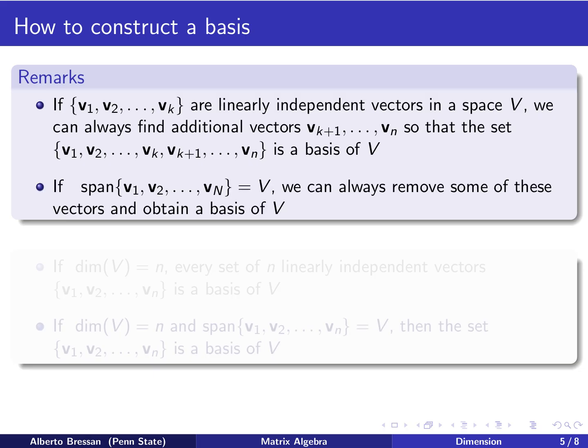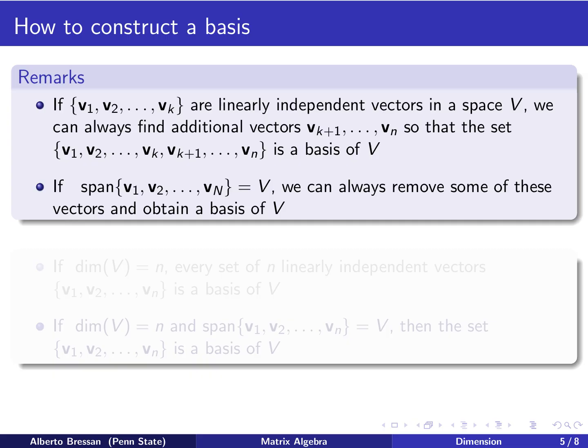Second, if I have a set of vectors V1, V2 to V capital N, and if I look at the span of these vectors and we see that it equals V, the vector space, here we don't know whether the set of these vectors is linearly independent or not.